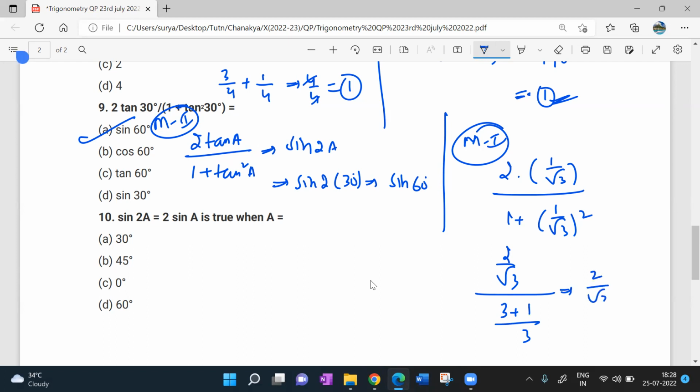So 2 by root 3 divided by 4 by 3. Just calculate this. What you get is 2 by root 3 into 3 by 4. So root 3 will get cancelled, 2 ones are 2. So root 3 by 2 you will be left with. Root 3 by 2 is what? Sin 60 only. Correct? You will be getting root 3 by 2, which is equal to sin 60. Any doubts?